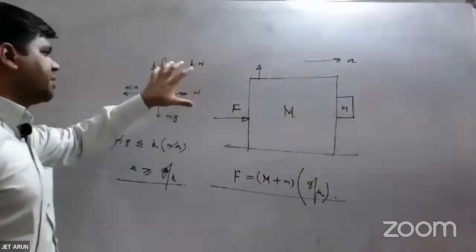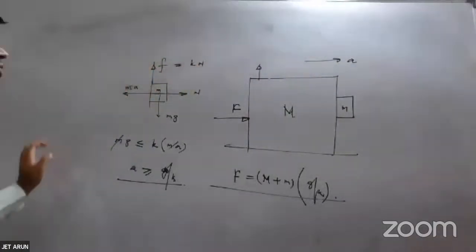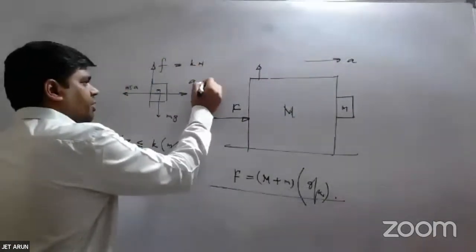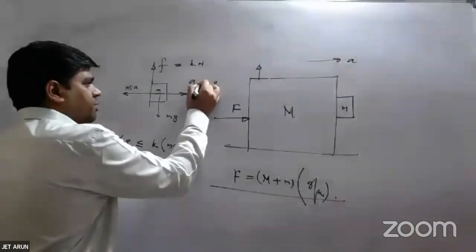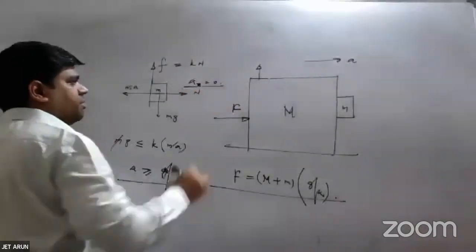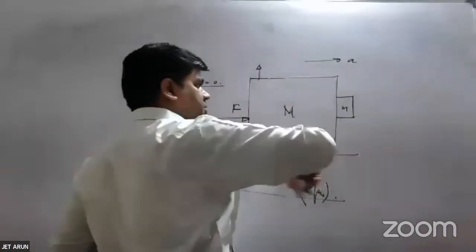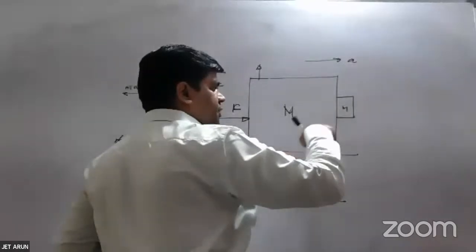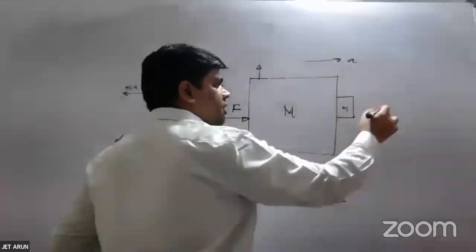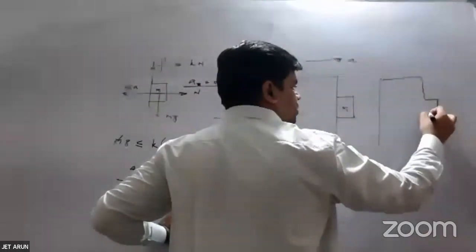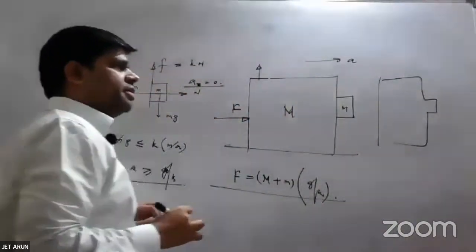So MED and FBD is complete in this diagram. A relative is 0. And A over there is the acceleration of the complete system, which is moving together. M plus m is moving together as a single block, so I don't have to treat them separately.